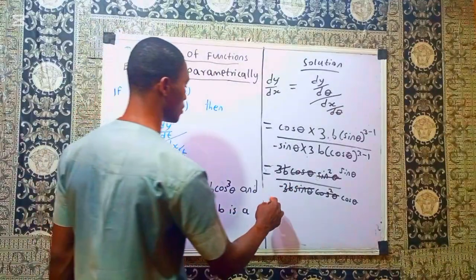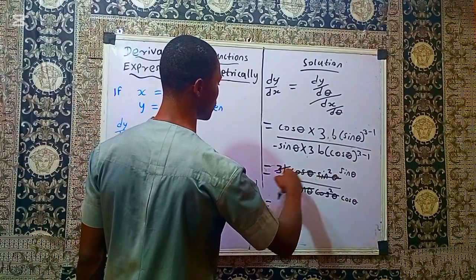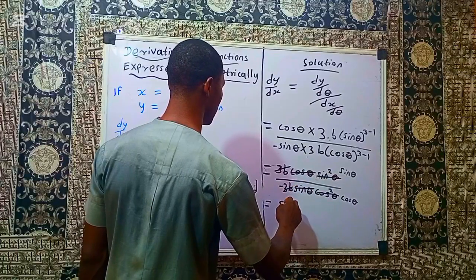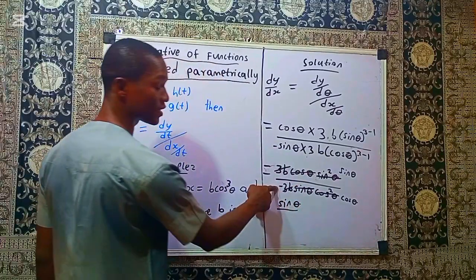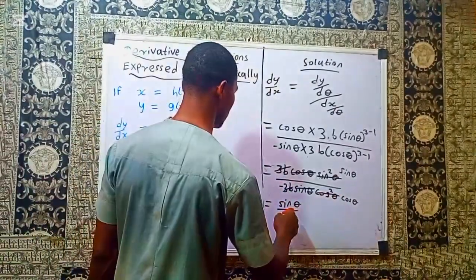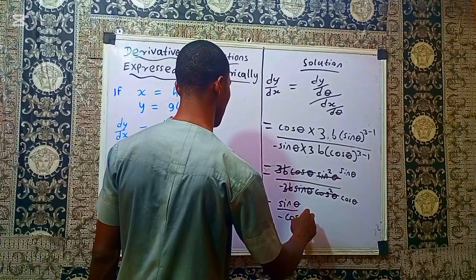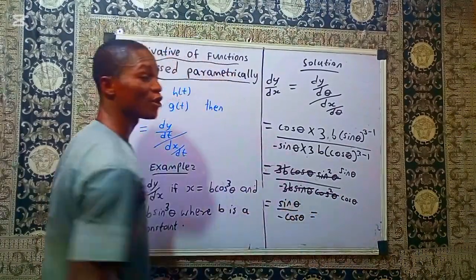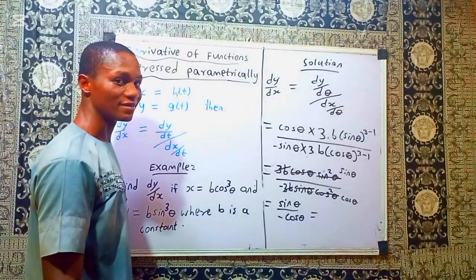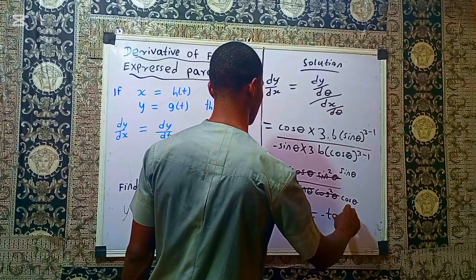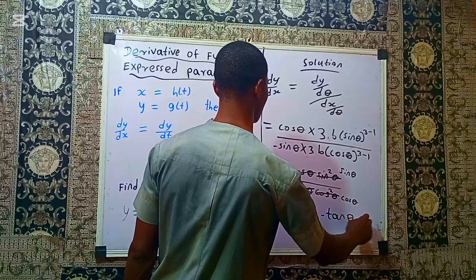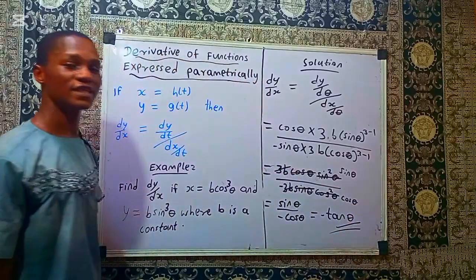So altogether, what is left up here is sine theta, and what is left down is negative cosine theta. But sine theta over cosine theta is what? Tan theta. So this will be negative tan theta.